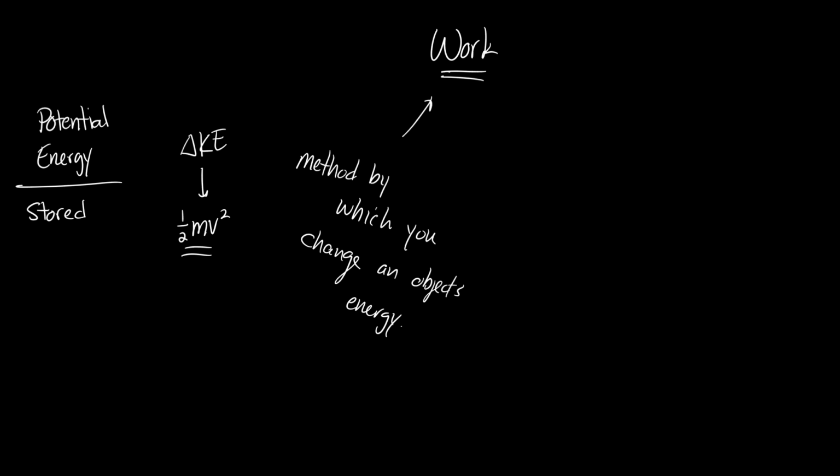Now, in chemistry, we would have talked about chemical potential energy, but you probably didn't have a method to calculate it. You might calculate the change in energy due to chemical bonds, but I don't really think you get into that too much in honors chemistry. There's chemical potential energy.